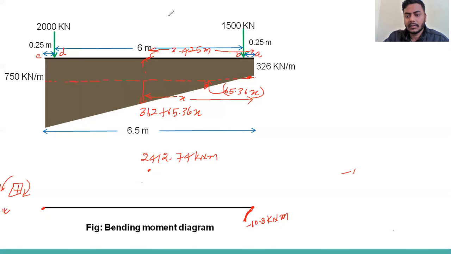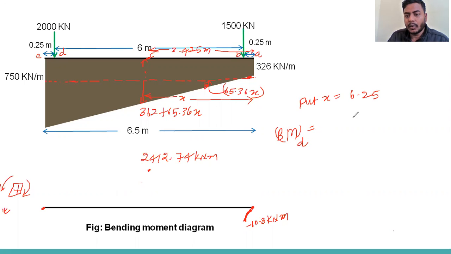In the previous equation, you can put the value x equal to 6.25. So you can get the bending moment at D.